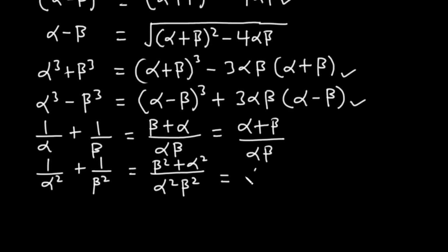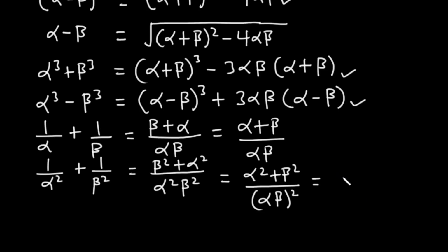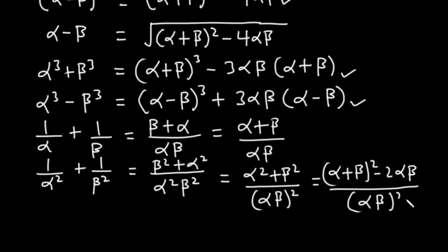Now this is the same as alpha squared plus beta squared divided by alpha beta all squared, because they have the same exponents. Now alpha squared plus beta squared is alpha plus beta all squared minus 2 alpha beta. So we can have that here, alpha plus beta all squared minus 2 alpha beta divided by alpha beta all squared.